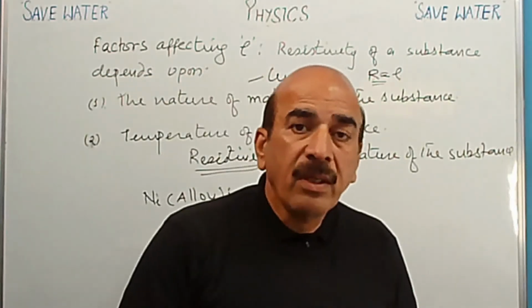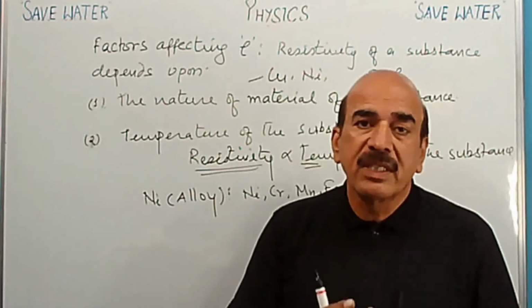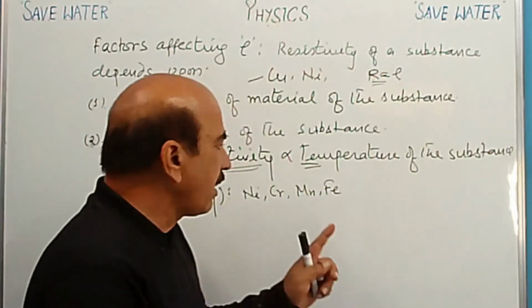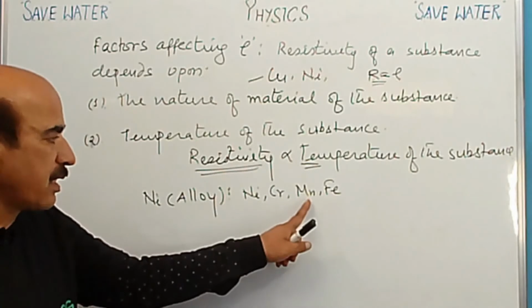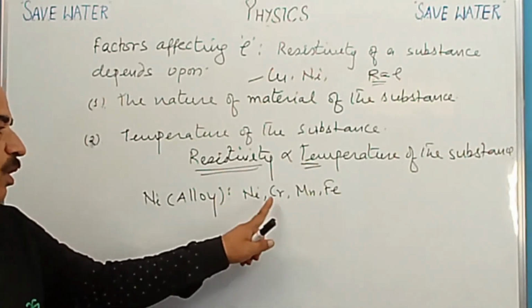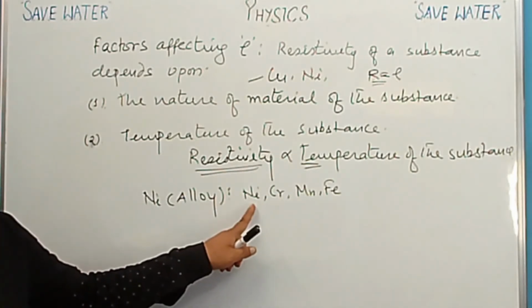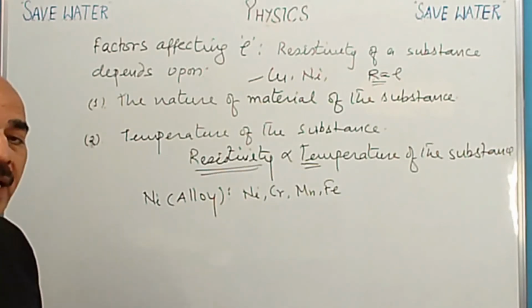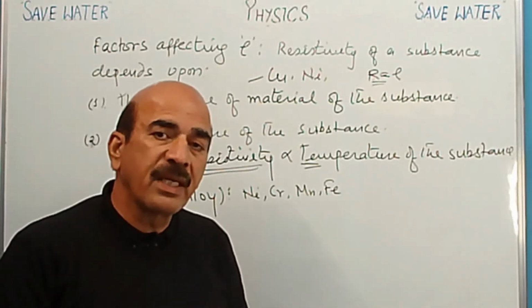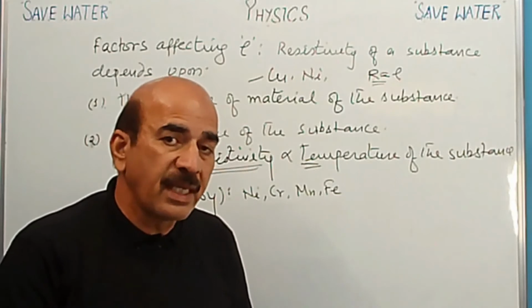So the resistivity of nichrome is higher than the resistivity of iron, higher than manganese, higher than chromium, and higher than nickel. And because of this high resistivity, it is used in electric heating devices as an element.